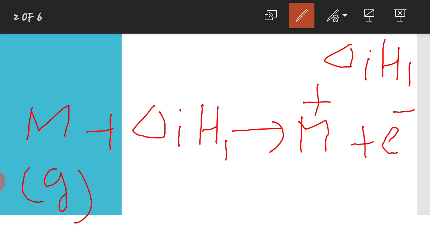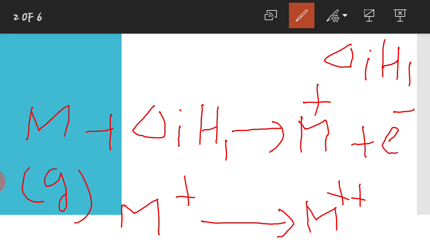Now one more electron may be removed from M plus to form M plus plus, plus electron.